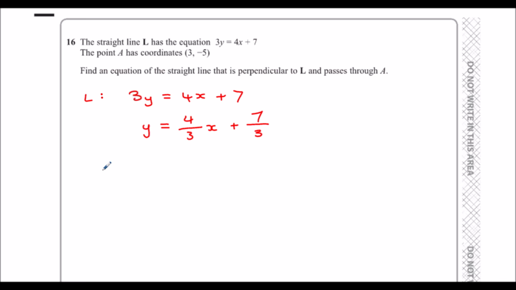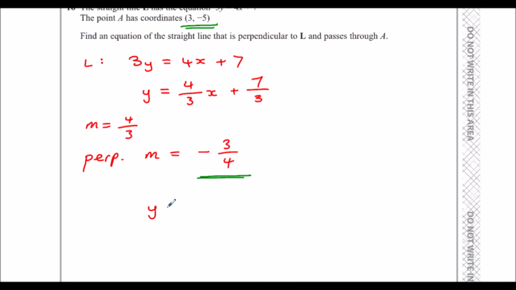So the gradient of L is 4/3. The perpendicular gradient is the negative reciprocal. So the perpendicular gradient is negative, and then this flipped over, -3/4. So our line is going to have a gradient of -3/4, and it's going to go through the point 3, -5.